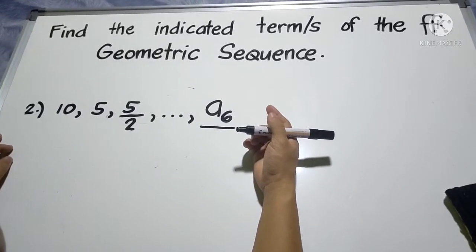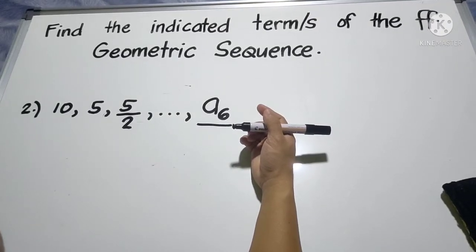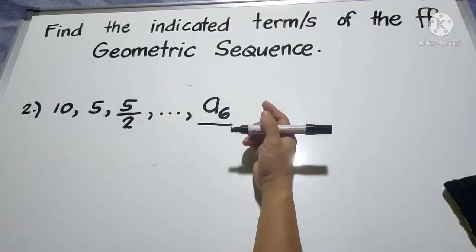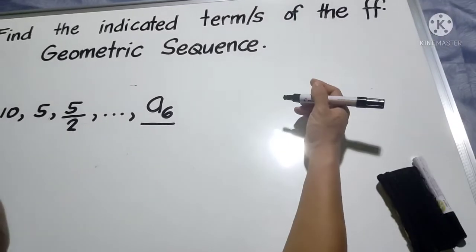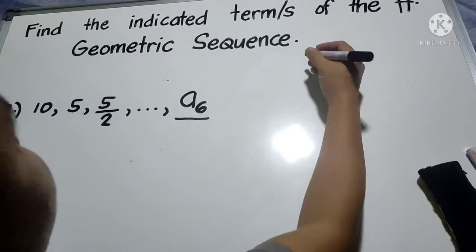because in the coming examples, the succeeding examples, we'll be looking for more terms, this is the perfect time to use the formula for the end term of a geometric sequence.